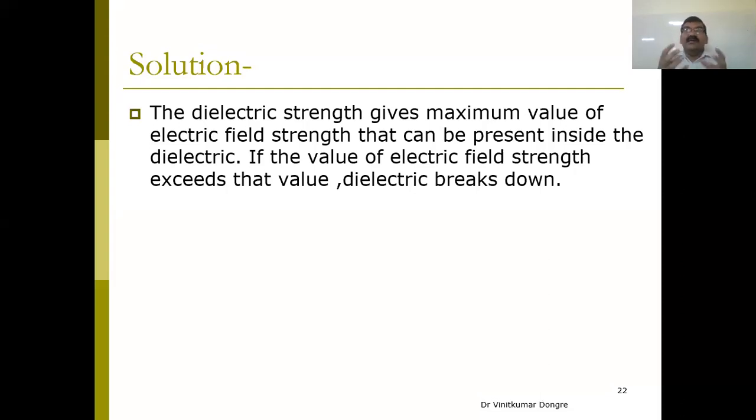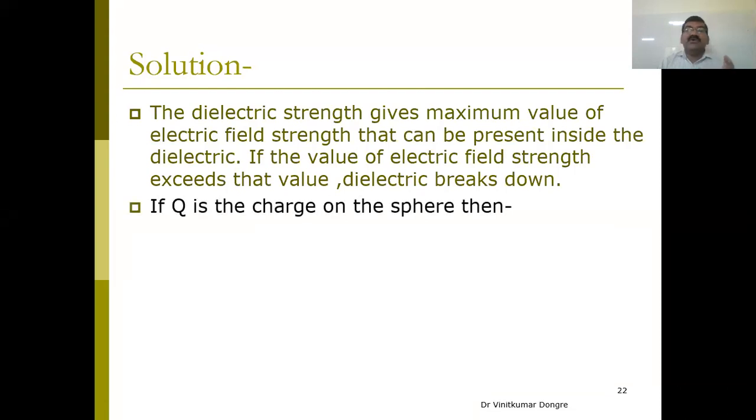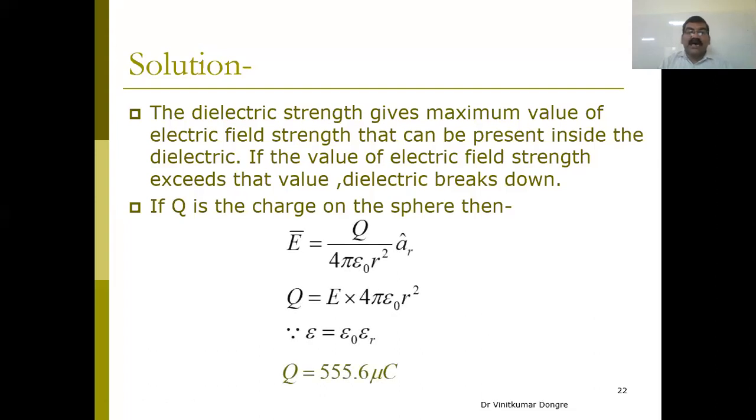But in the oil, there is some maximum capacity of electric field strength that it can hold. Now, what is the electric field strength? That is E. So we have a simple formula. If Q is the charge on the sphere, then E equals Q upon 4 pi epsilon 0 r square, which is the simple formula for electric field strength.